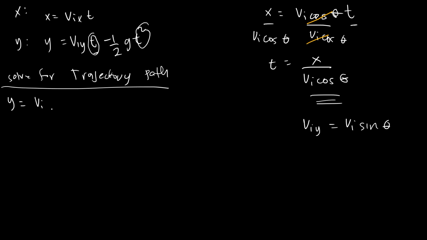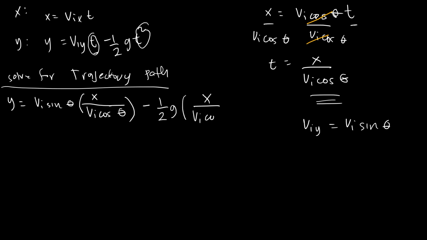So we will substitute that. This is v sub i sine theta times the time here, which is x over v sub i cosine of theta, minus 1/2 g. Time here is again x over v sub i cosine of theta square.